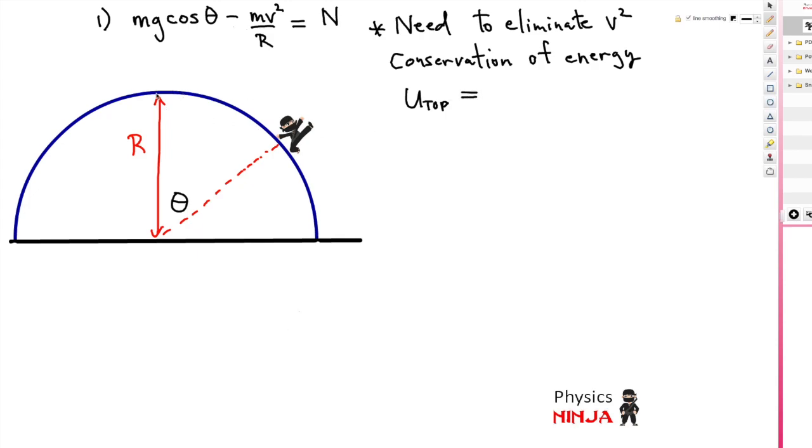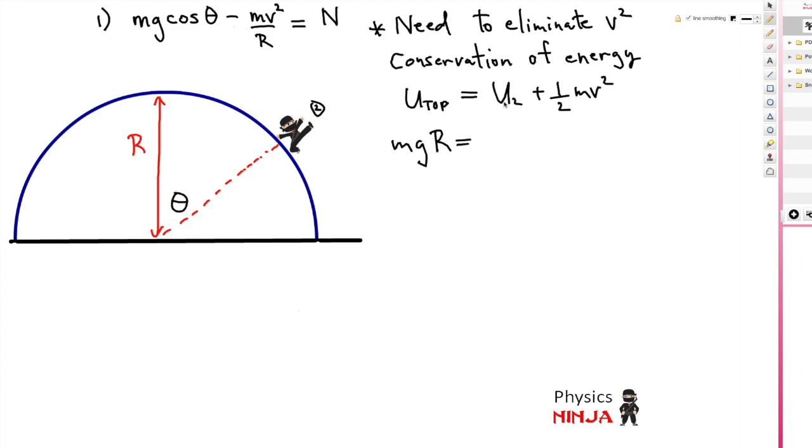That has to be equal to the total energy when he's at this position, which we'll call position 2, where he's also going to have some kinetic energy. At the top we have gravitational potential energy, simply mass times gravity times the height, and the height is the radius of the circle.